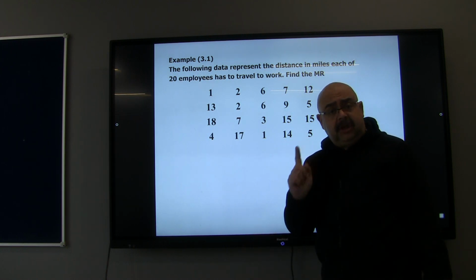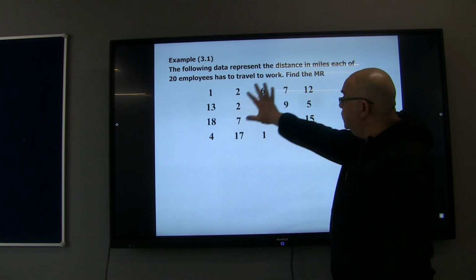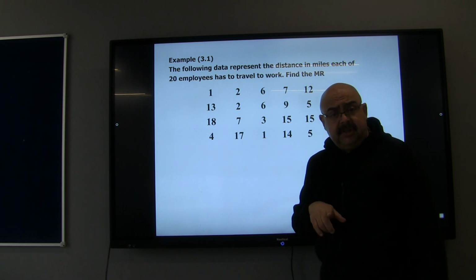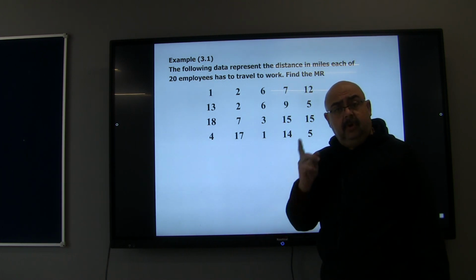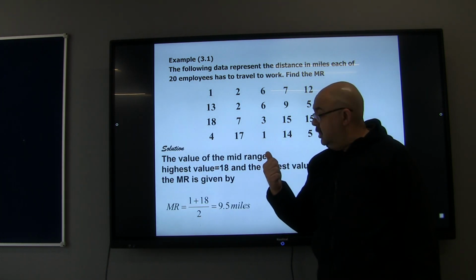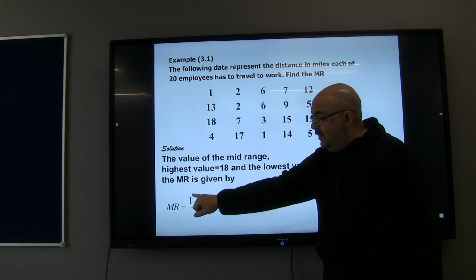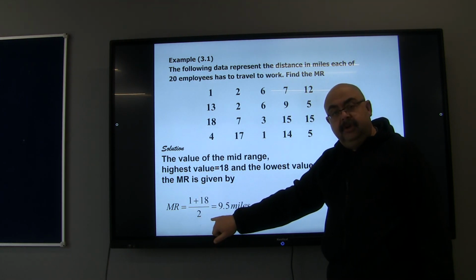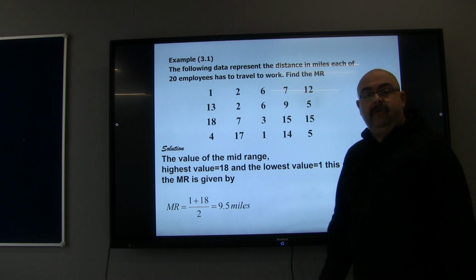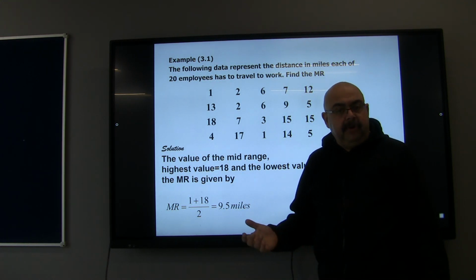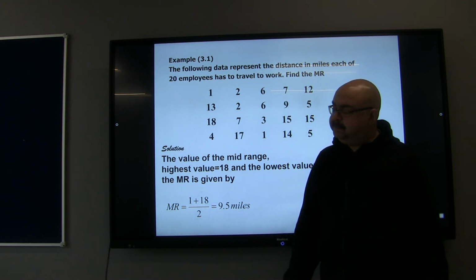If I want just one number representing all these numbers using the mid-range, it's going to be very simple. All I have to do is find the upper bound and the lower bound, add them together and divide by 2. So, on average, everyone will drive 9.5 miles, for example.